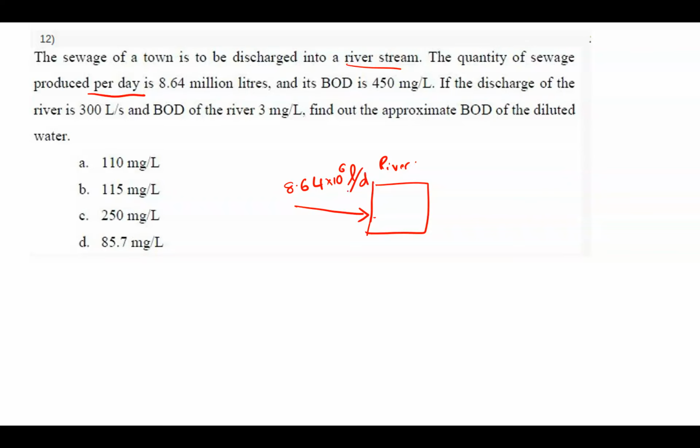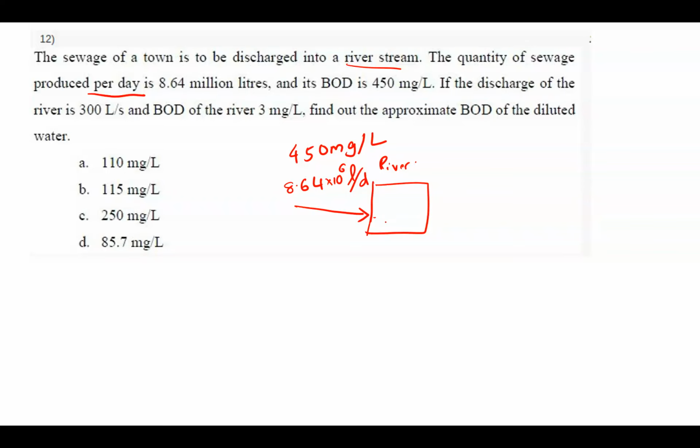Then the BOD of this particular sewage is 450 milligram per liter. If the discharge of the river is 300 liter per second and the BOD of the river is 3 milligram per liter, find the approximate BOD of the diluted water.